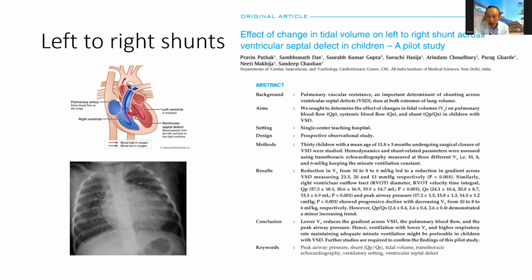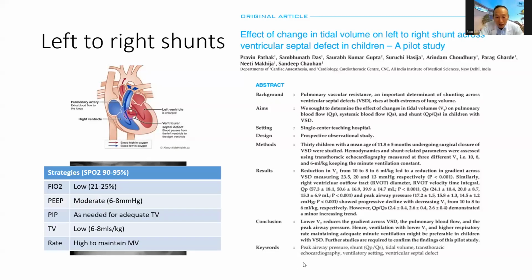There's somebody doing echo in the theater, looking at 10 mils tidal volume, 8 mils tidal volume, 6 mils tidal volume, and they find that as the tidal volume decreases, the shunt actually decreases. So they find that ventilating a patient with VSD with low tidal volume is actually useful, able to wean down the amount of shunt they have.